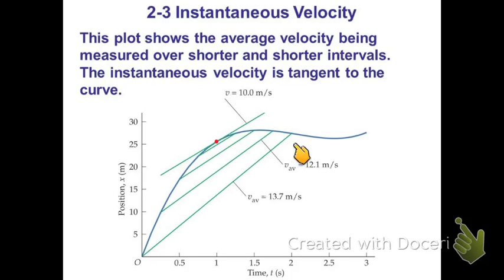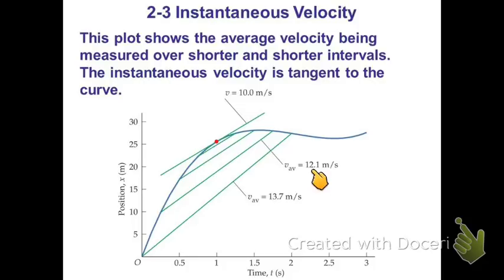And this is calculated to be 13.7 meters per second. Now, to get a better answer, we may choose these 2 points closer and closer to the point in question. Again, we pick these 2 points, connect them to make a straight line and calculate the slope.